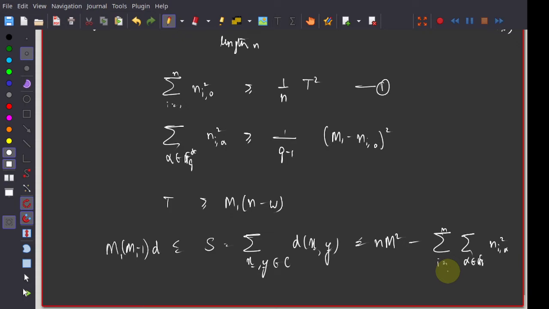Right? So this is what I had earlier, again just from the Plotkin bound. I just apply the first few steps of the Plotkin bound, and I get this for this code.